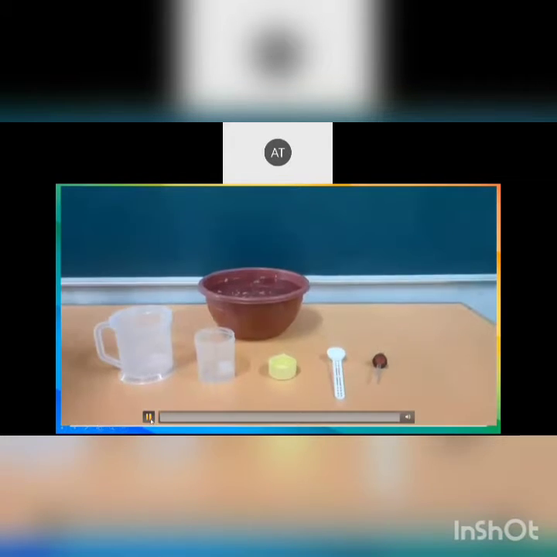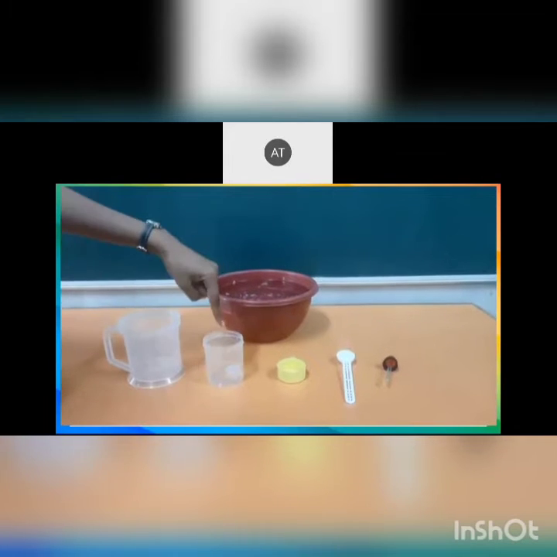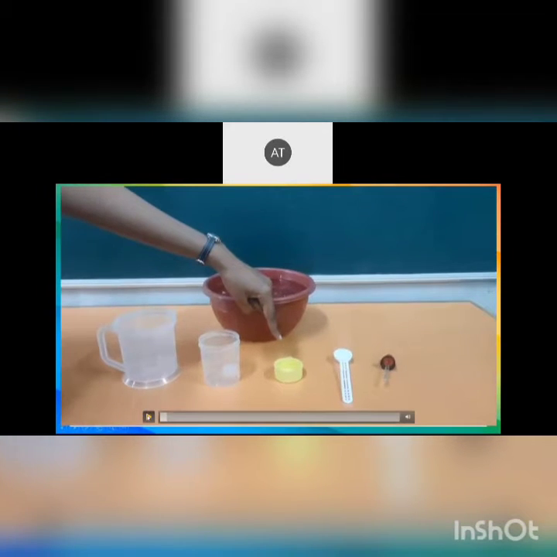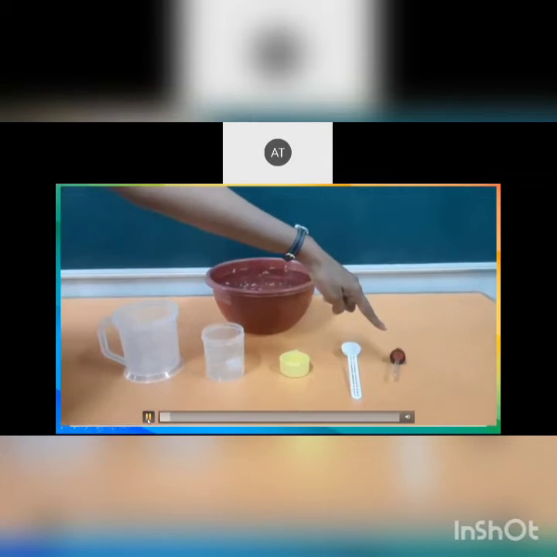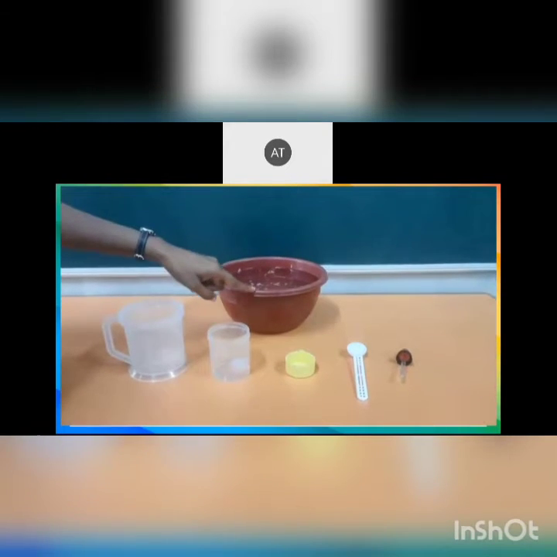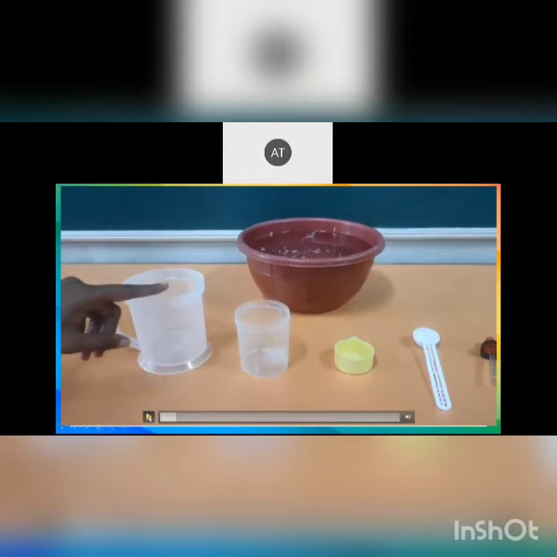So here we have a mug, a glass, a cup, bottle cap, spoon and dropper, and a bowl of water. First, we are going to measure the capacity of the mug with the cup.